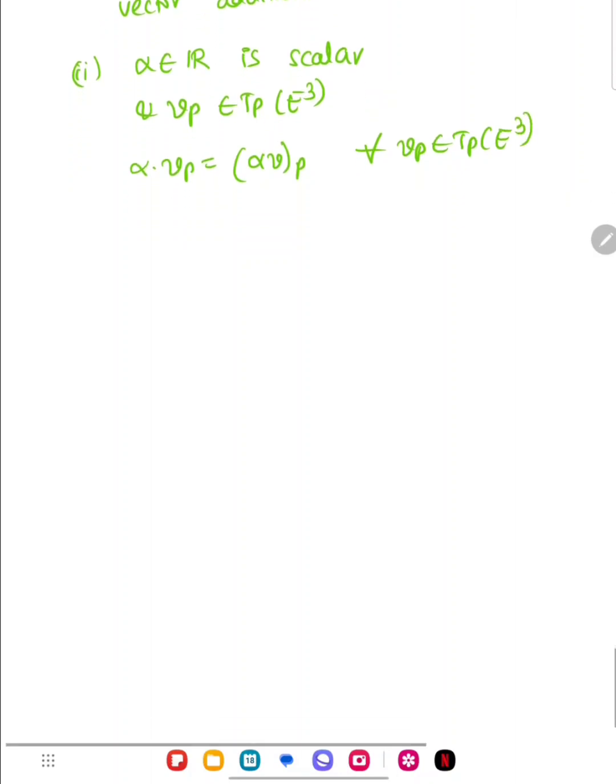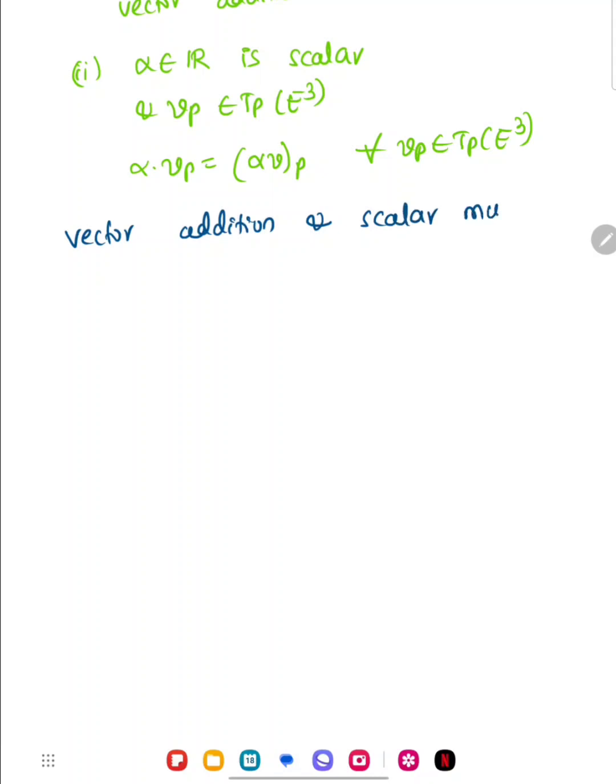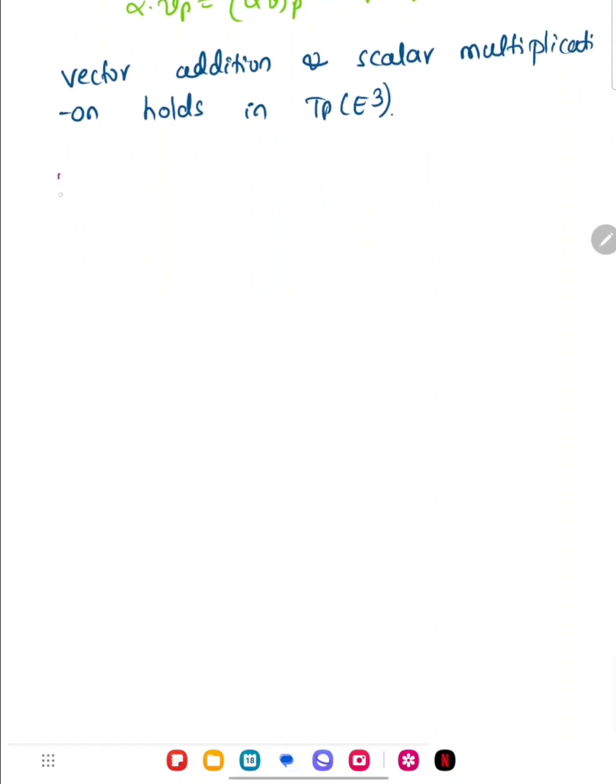Therefore, both the operations of vector addition and scalar multiplication hold in Tp of E3. Hence, by the two-step test for vector space, Tp of E3 is a vector space.